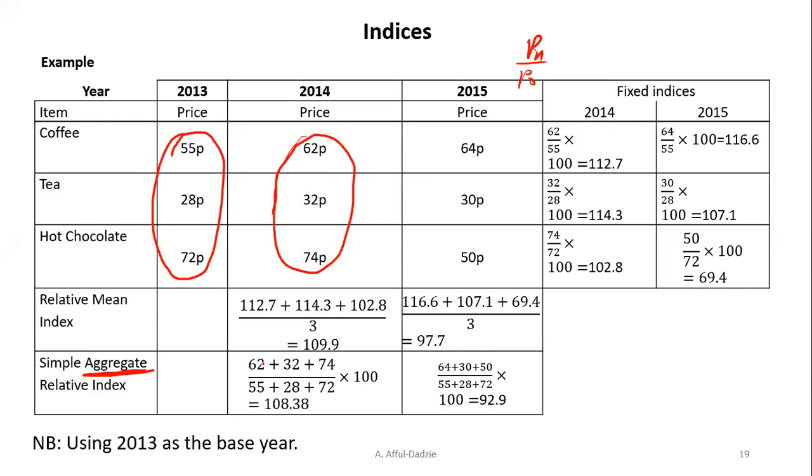So here, you do 62 plus 32 plus 74, all divided by 55 plus 28 plus 72. Then you multiply by 100, and then it gives you the index number. Then we also do it for 2015, we sum all this to give us the Pn, and we divide by the sum of everything at the base period, and we'll get 92.9.